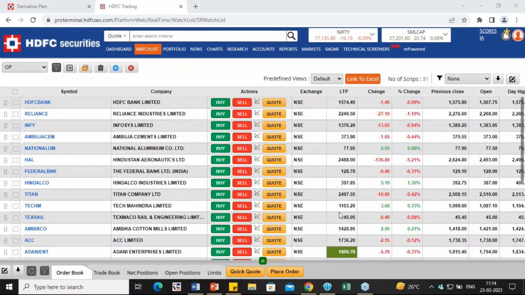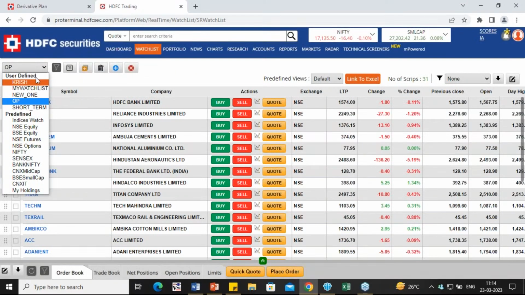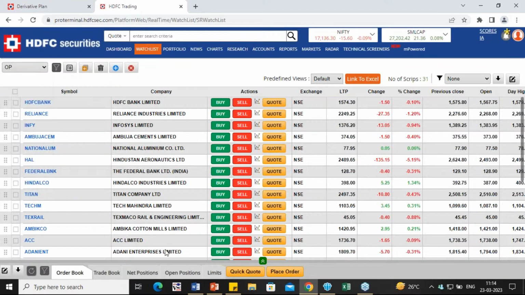But in our Pro Terminal, you can add 250 scripts with five different buckets. As you can see on the screen, यहाँ पे you can find the watch list over here. You can just create your own watch list name, save it, and you will have created your own watch list over here. In every bucket, you can add 50 scripts, and that is our Pro Terminal.